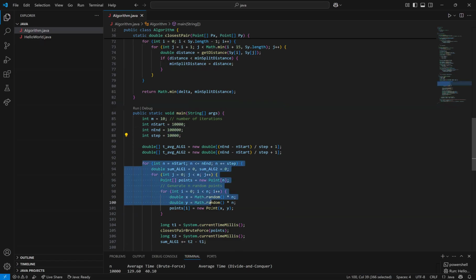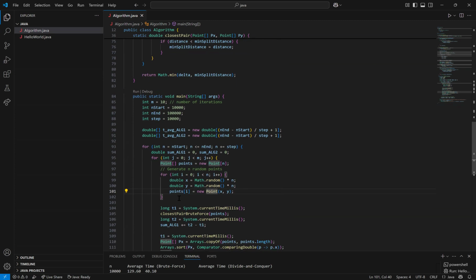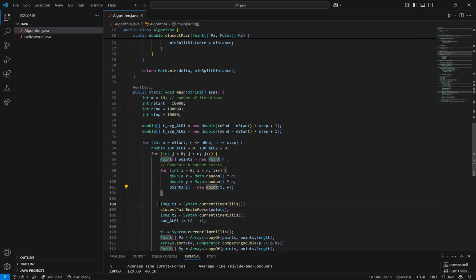And here you can see the code generates the random points, where I'm using the math.random function to generate the random points here. And in line number 104, I am trying to find the time taken, I mean the average time taken to find the closest pair of points for 10,000 points value.